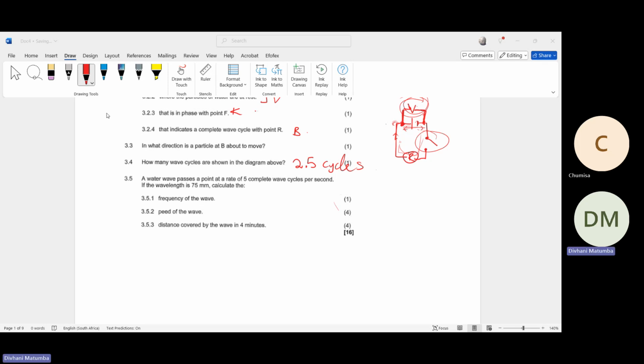What is the definition of frequency of the wave? The number of wavelengths passing a point on a wave. Okay.